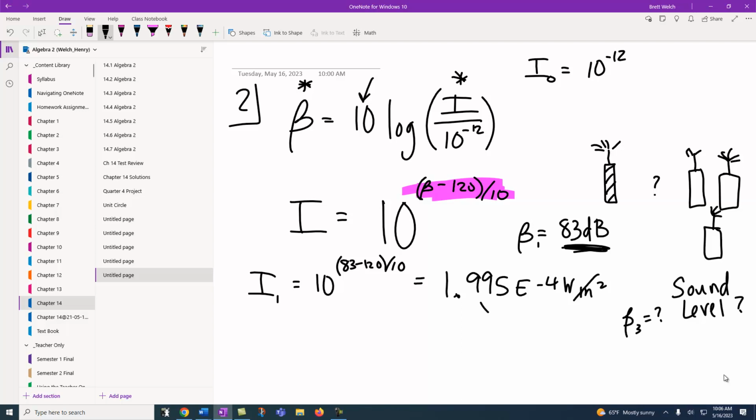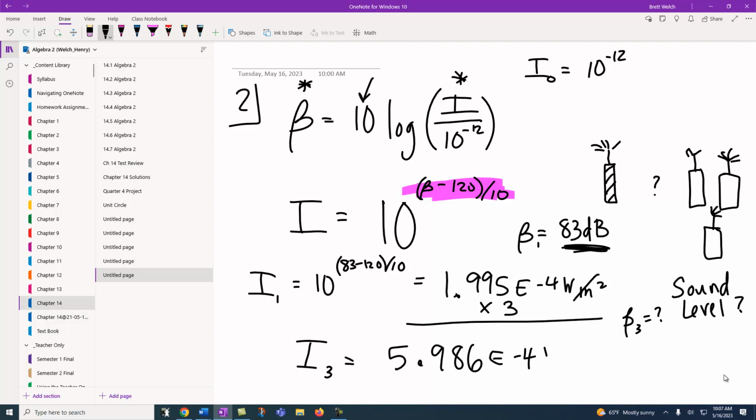So I'm going to times this by 3 to get the intensity level of 3 of these firecrackers, which will be 5.986 E-4 watts per meter squared.